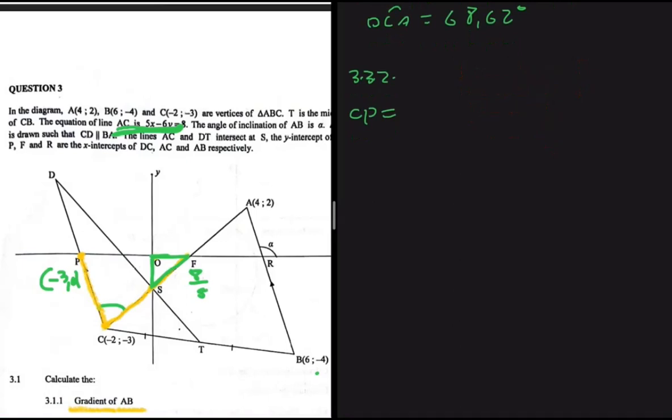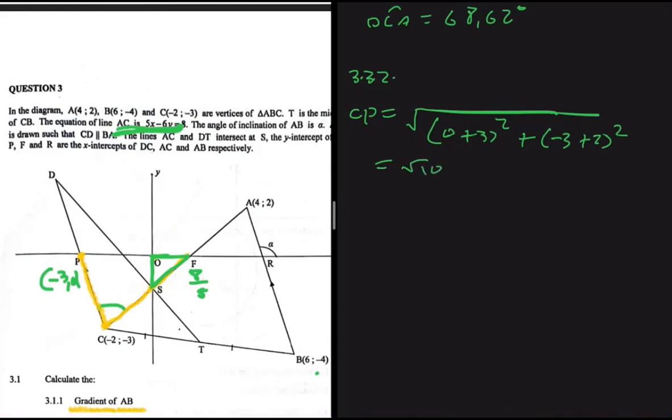CP. So CP is going to be equal to, by the distance formula, the square root of y2 minus y1 squared plus x2 minus x1 squared, right? So for CP, let P be the second point. So we get 0 plus 3 squared plus minus 3 plus 2 squared, right? Let me just compute that real quick. Square root of 10, right?